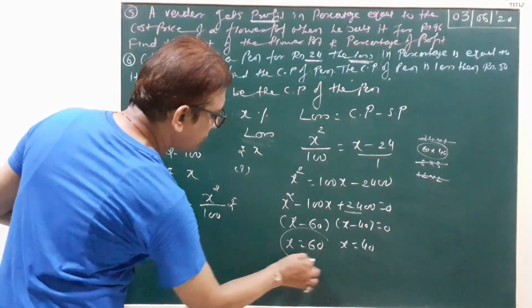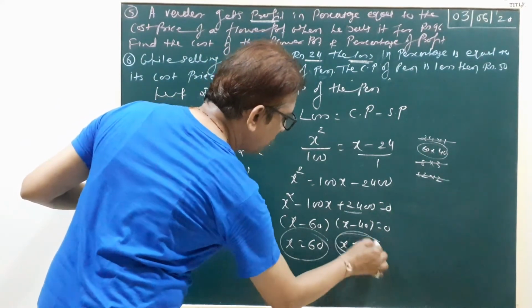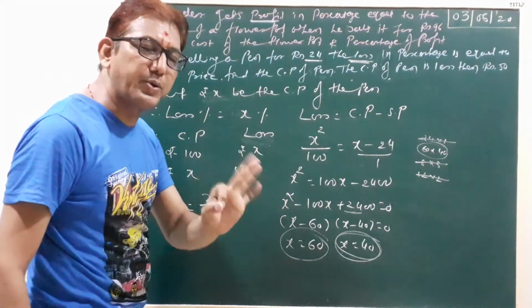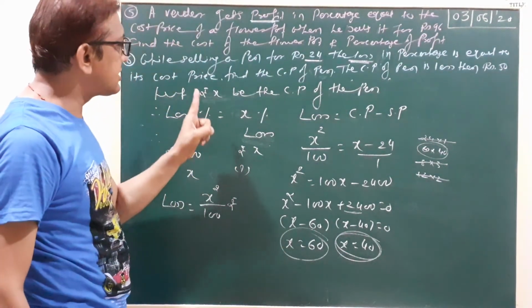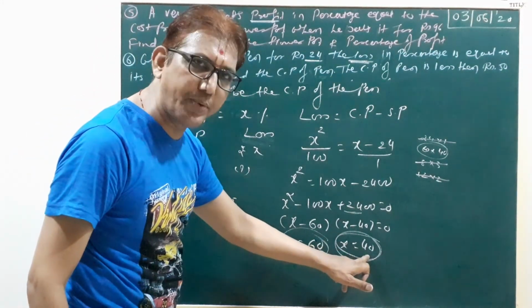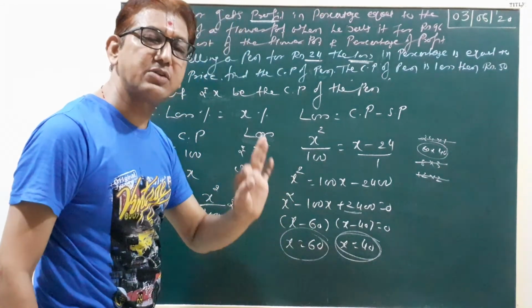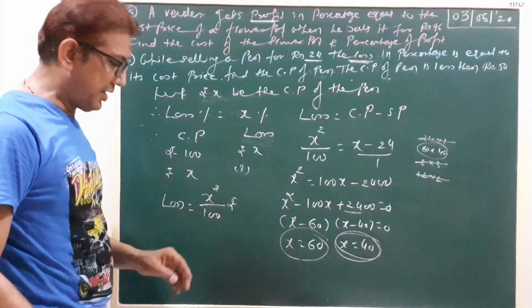So this one is not possible. Clear? So the CP of the pen is rupees 40. Therefore, loss percentage is also 40, because loss percentage and CP are both the same. So CP is equal to 40 rupees, therefore loss percentage equal to 40%. Is that clear? Okay. Thank you very much.